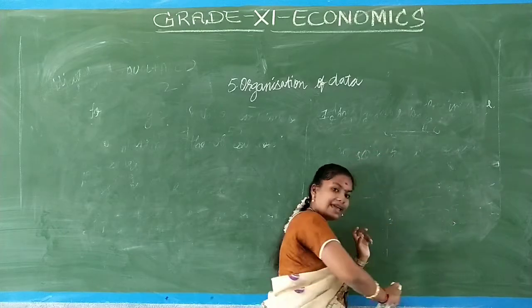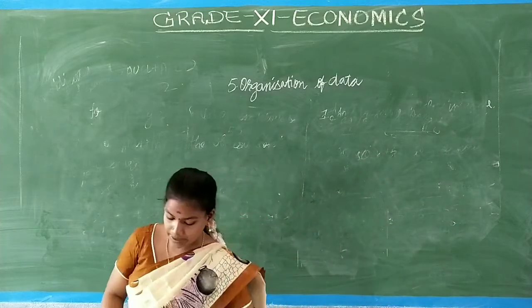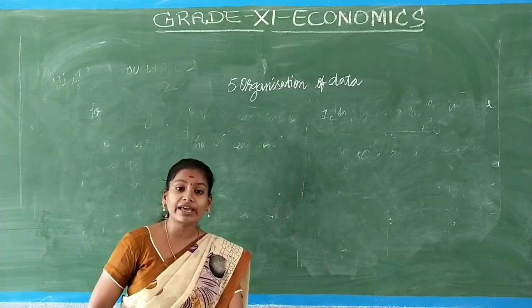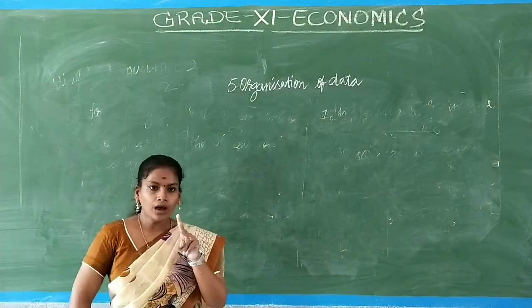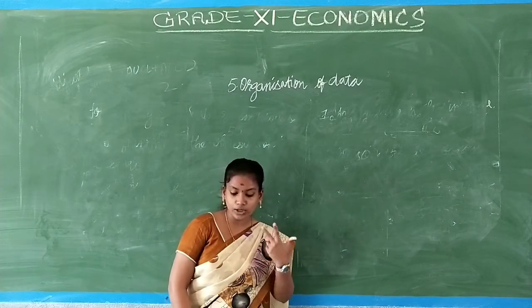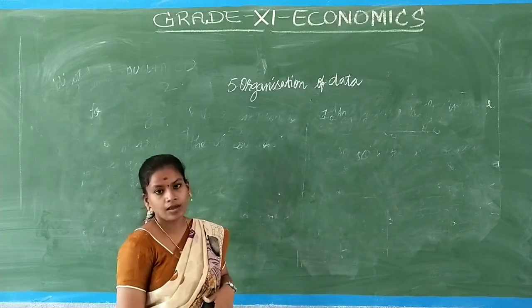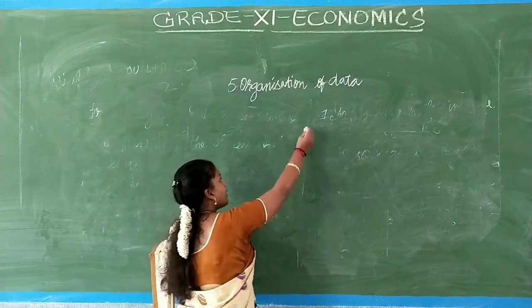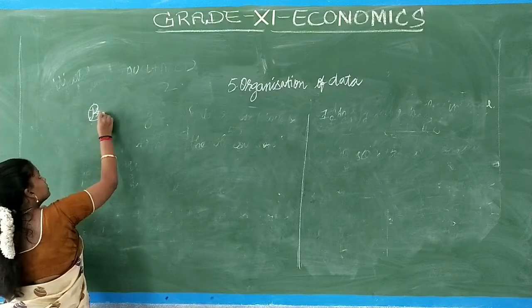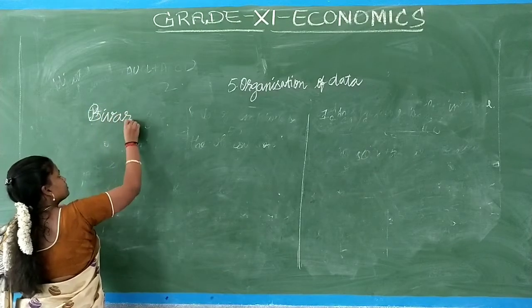That is the same frequency distribution table with two different variables. Bi means what? Two. Variate means variables. Information related to two different elements, then they are called bivariate frequency distribution.